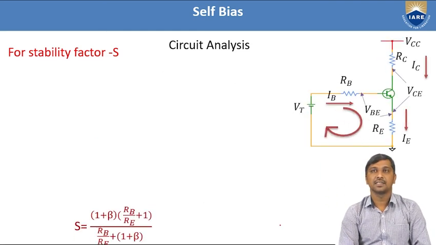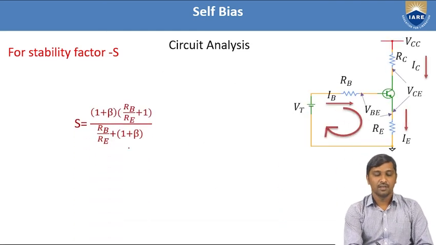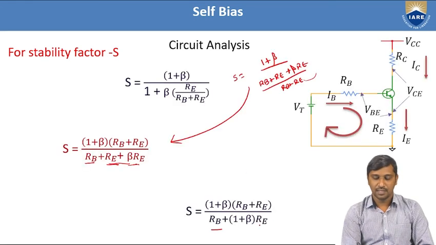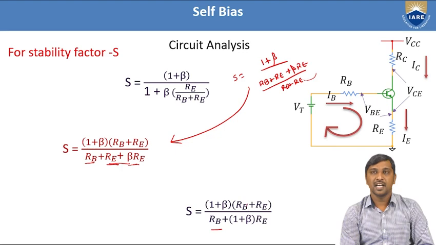From this expression, if the denominator and numerator are divided by the RE term, we approach a stability factor equal to unity.